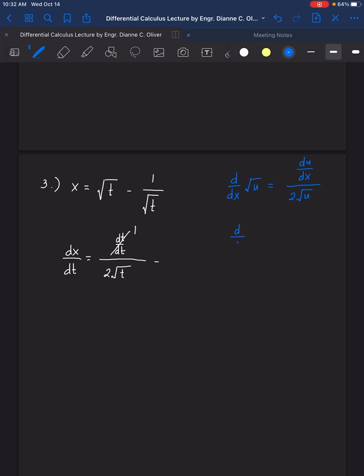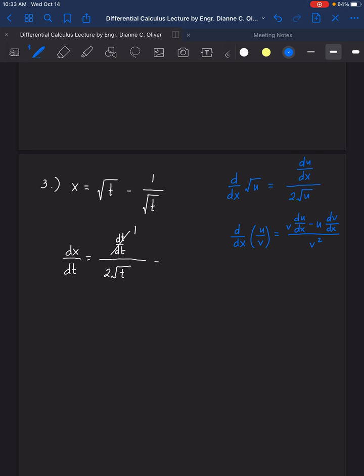So d dx, I might need some space here. So derivative of a quotient, we have there u and then v equals, so low d high, low derivative of high du dx minus high derivative of low dv dx, and then low low v squared.